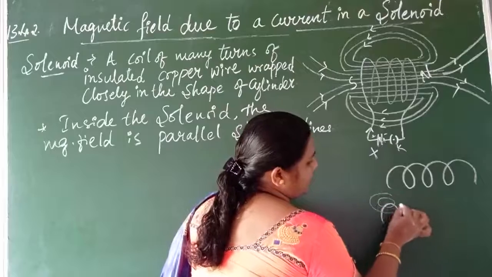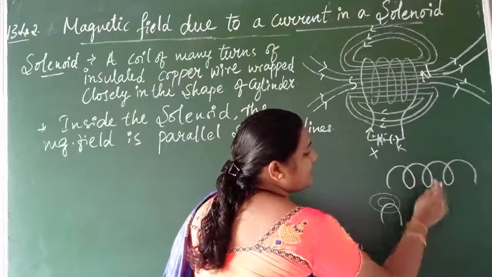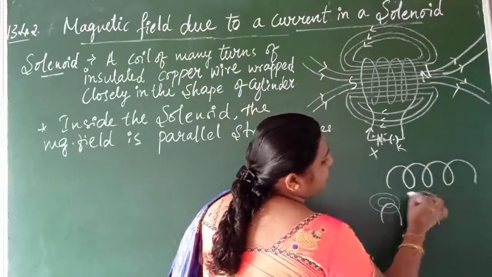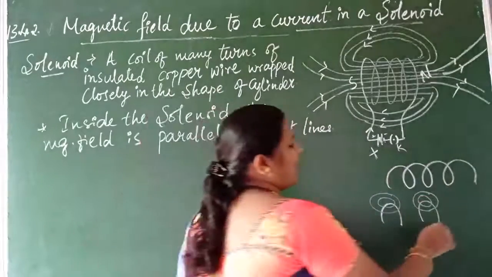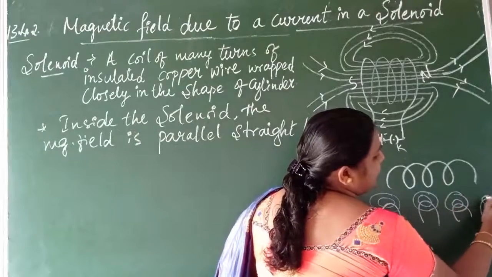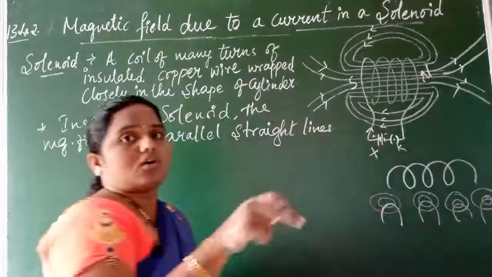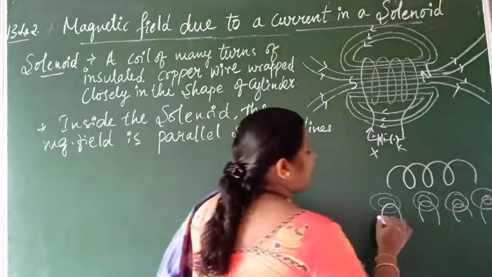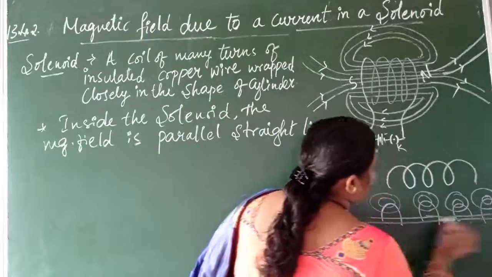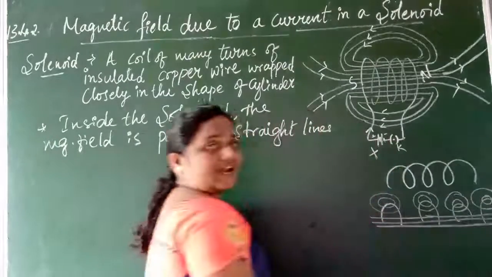Like this they will move, and another like this. Suppose I take a second one here, then here the magnetic field, and here like this, isn't it? And also the third and fourth. In all the cases, the magnetic field lines are concentric circles. And by the time they reach the center, all the magnetic field lines are moving parallel, children.